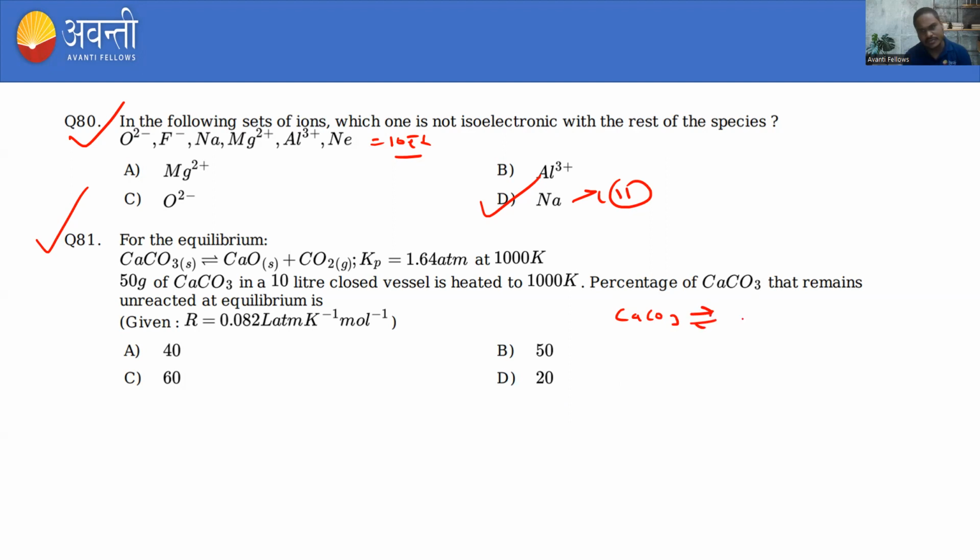They will decompose to give CaO plus CO2. Now, Kc is for the concentration of CO2 and Kp is for the pressure of CO2. So Kc and Kp are the methods of expressing the concentration at equilibrium, either in terms of pressure or in terms of concentration.